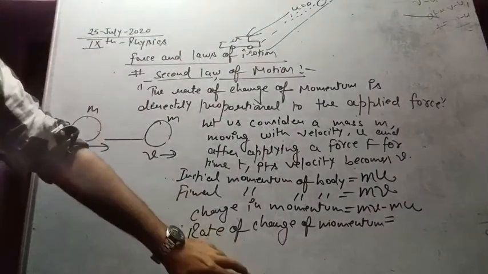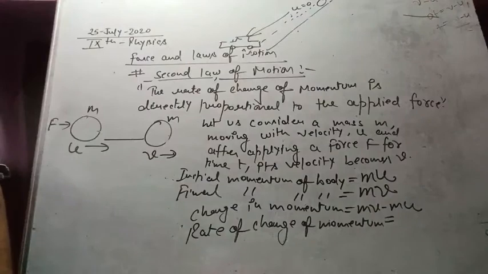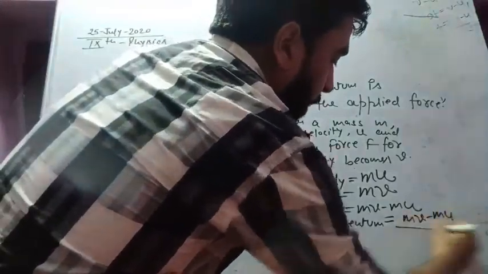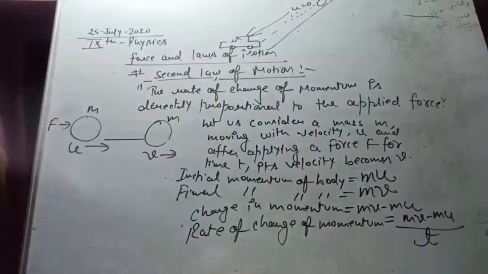We are dividing it with respect to time. So rate means mv minus mu upon t. This is the rate of change of momentum.